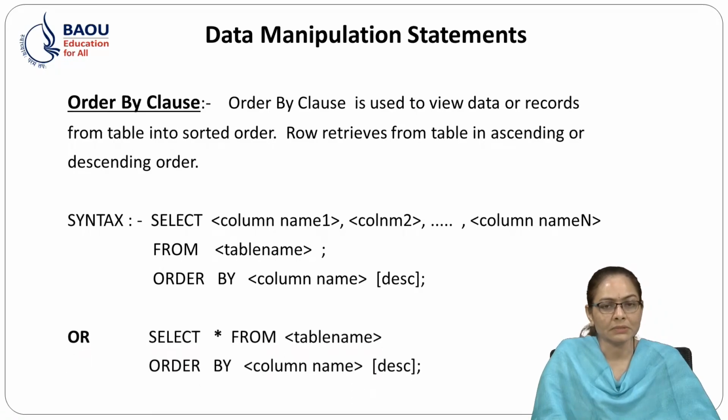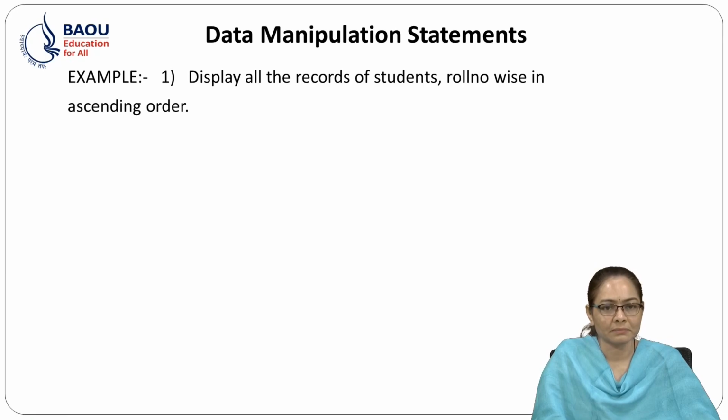Now, here the example is select star from table name, then order by column name, then in the square bracket DESC. See in the example, display all the records of the students roll number wise in ascending order.